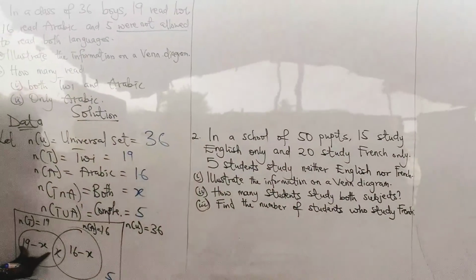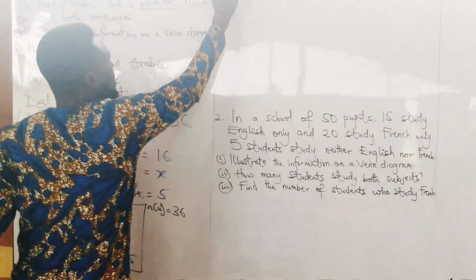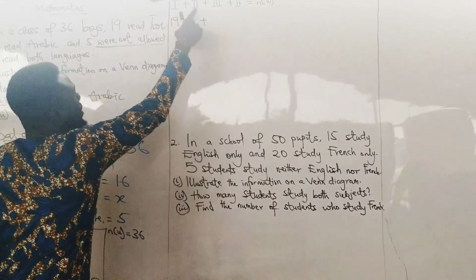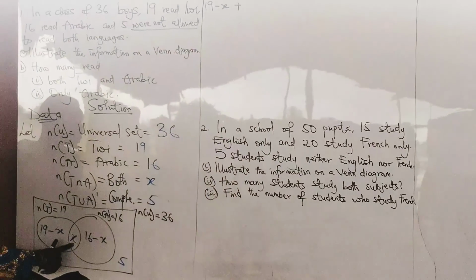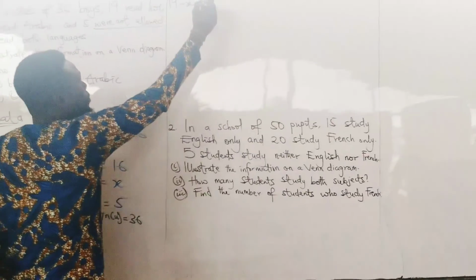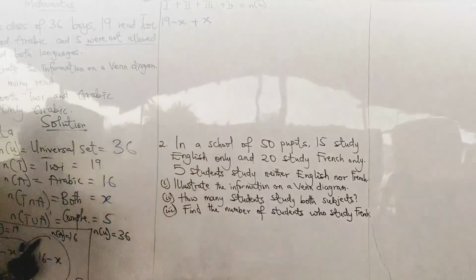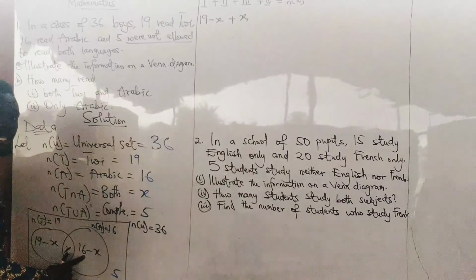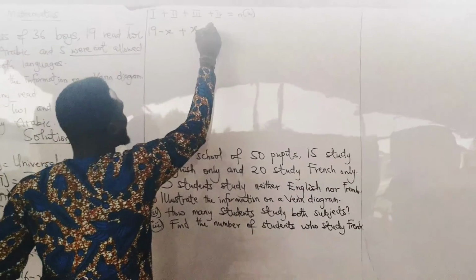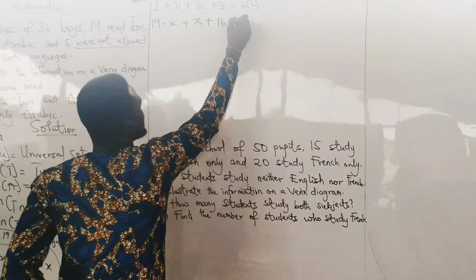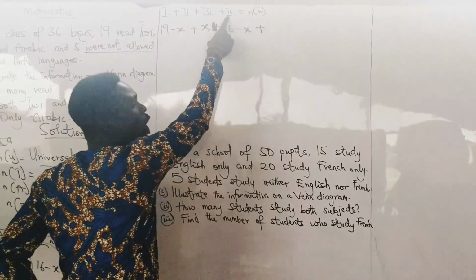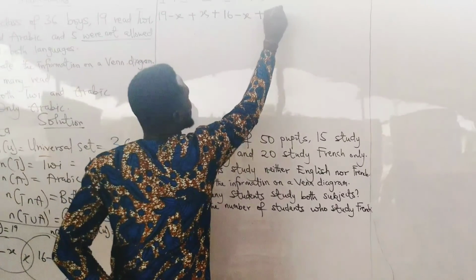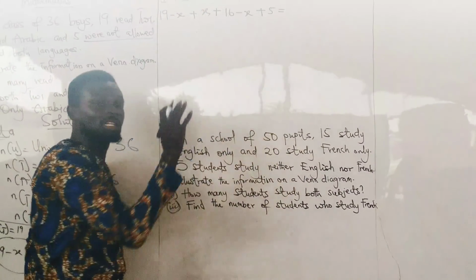We have 19 minus X. Plus region II, we have X. Plus region III, 16 minus X. Then plus the fourth region, which is the complement, we have 5. And all this is equal to the universal set.